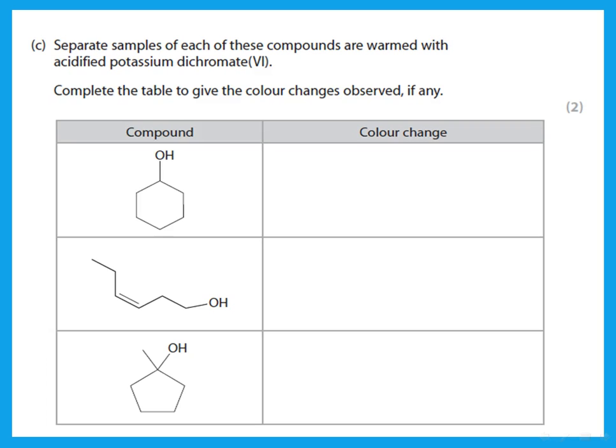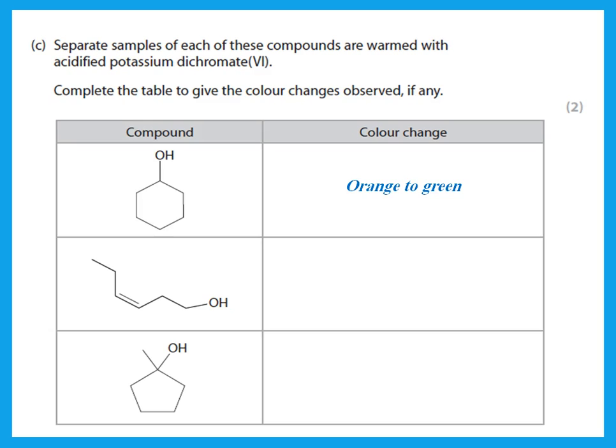So that first compound, it's a what? It's a secondary alcohol. It would react if I put potassium dichromate. It will change from orange to green, and that is because the secondary alcohol is oxidized to give a ketone. Remember what's a ketone? There is a double bond O instead of the bond going to the OH.